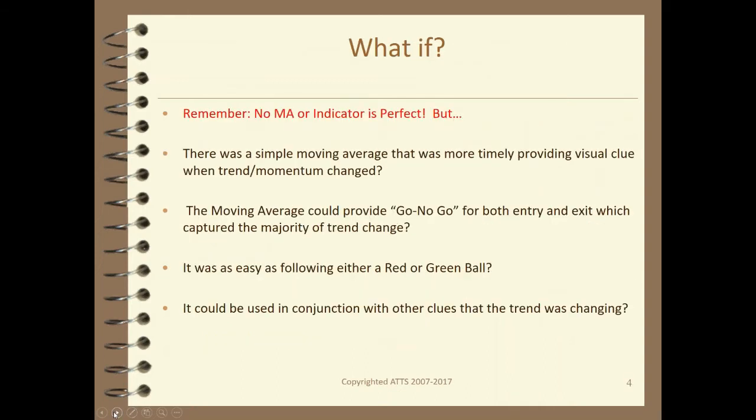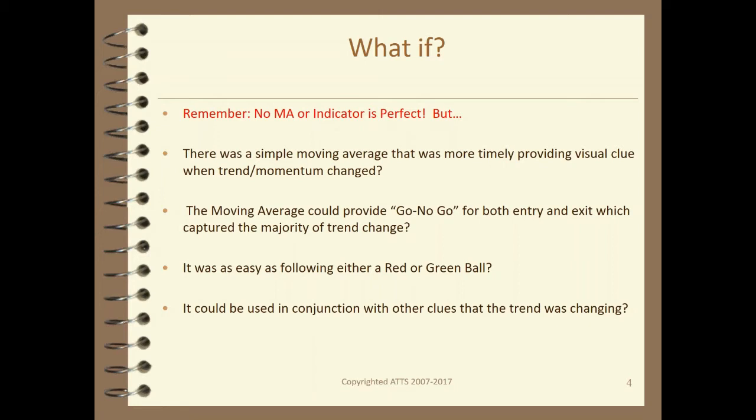No moving average or indicator is ever perfect, but what if there was a simple moving average that was more timely and provided visual clues when trend and momentum changed? This moving average could provide a go, no-go indication for traders and get them in closer to where the trend tends to change.